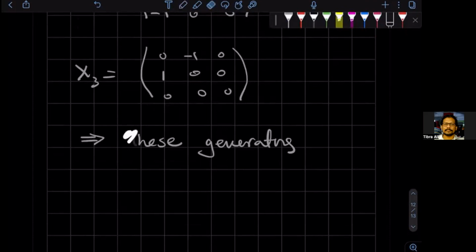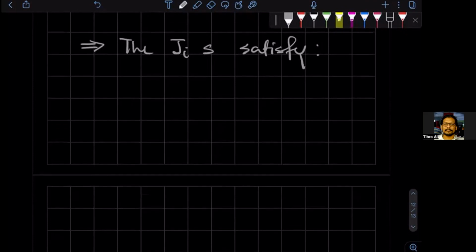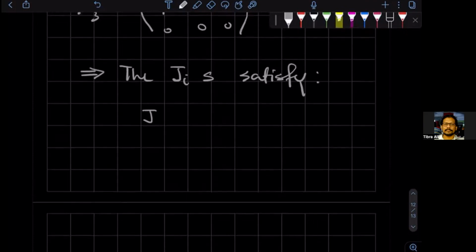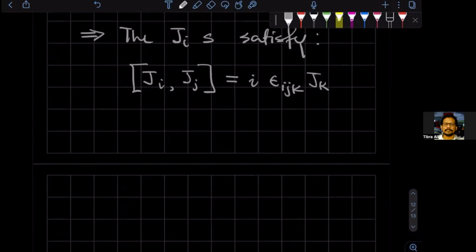This implies that the Ji satisfy, and that's something you should do for yourself, if you take two of the J's and compute their commutator, you will get i times epsilon ijk J_k. Where i, j and k are indices which go from 1, 2, then 3.